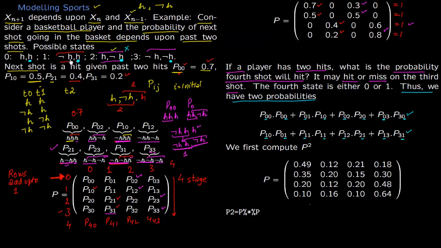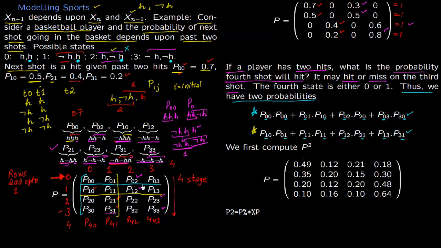So how do you get it? It is nothing but you multiply this matrix by itself. You multiply the matrix by itself, then this comes by multiplying the first row with the first column, you get this. And for this, you take the second row and you multiply it with the second column. You will get this. So this is basic simple matrix multiplication. Then you compute P square.